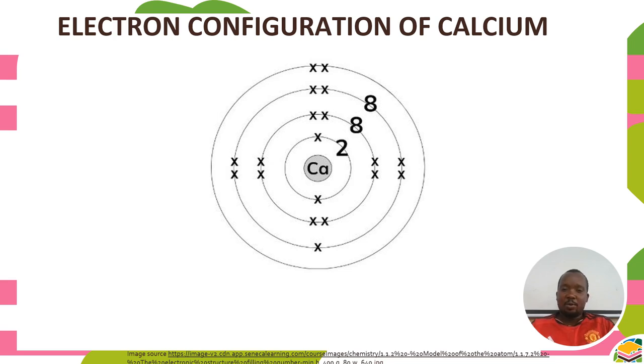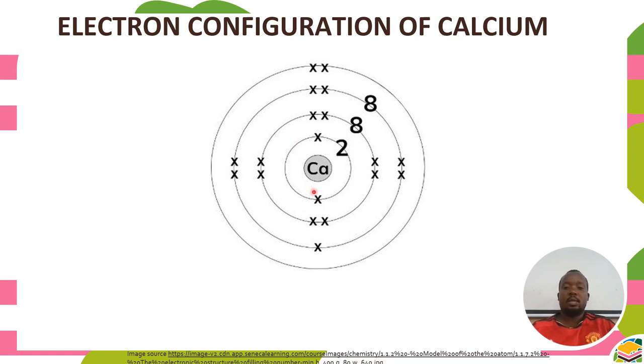So, out of the 20 electrons, our first energy level, because it is the innermost, is the one which is close to the nucleus. This is the nucleus. This is our energy level number 1. And as you can see, how many electrons are in this energy level number 1?